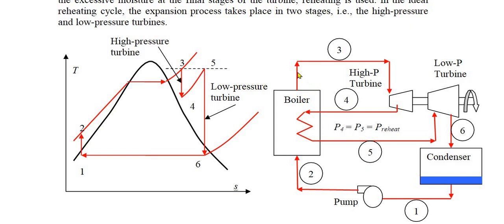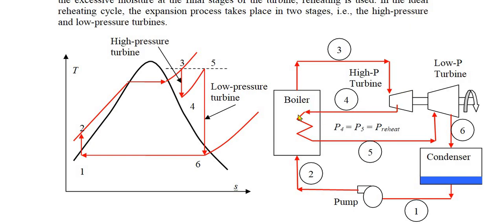Now as we know, you can see this is the boiler. From the feed pump, the water is supplied to the boiler, and at 3 we are getting the steam. Okay. At 3 the steam enters the turbine and is allowed to expand over the turbine. Thereby the pressure drop will take place, as well as a temperature drop due to the expansion.